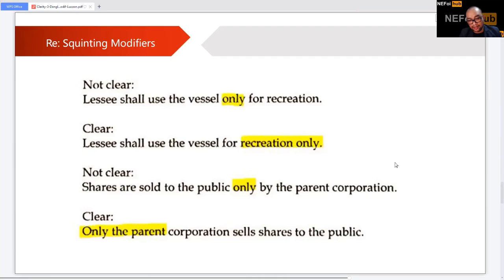So in order to be clear, we put only at the last, to specify that it modifies recreation, or to modify the subject of the parent corporation that sells the share. Okay. All right.